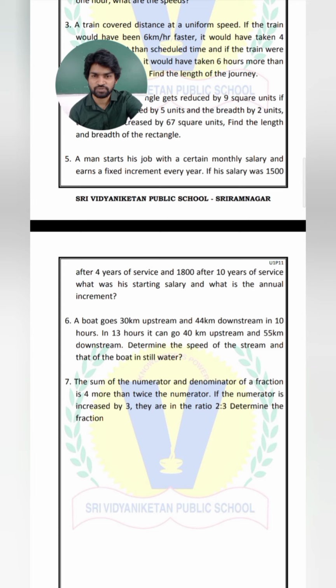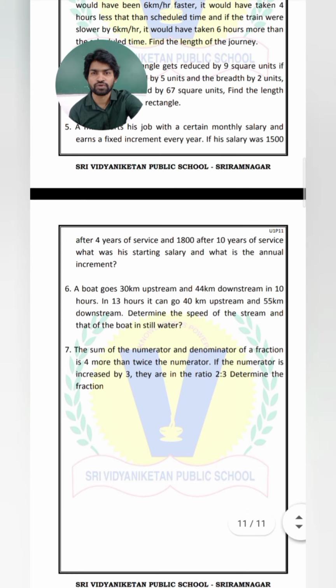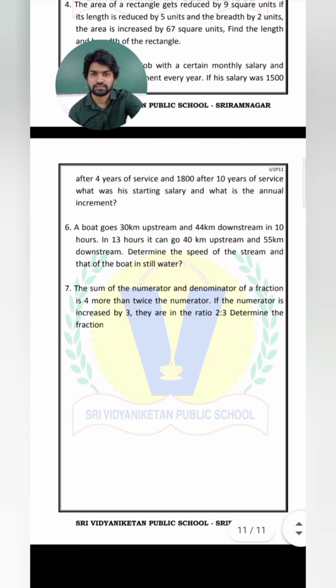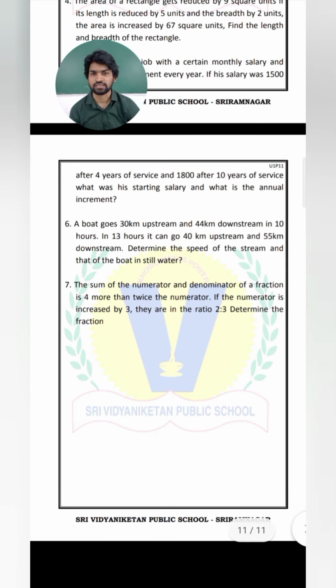This boats and streams question I already told you in my last class. The same question I explained, I think. And this one, the sum of the numerator and denominator of a fraction. So it is a fraction question. Assume the fraction as x by y, and the sum of the numerator and denominator, that is x plus y, is 4 more than twice the numerator.